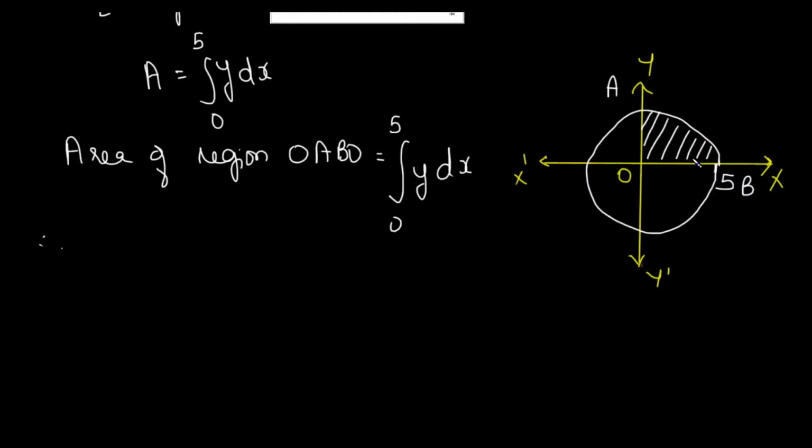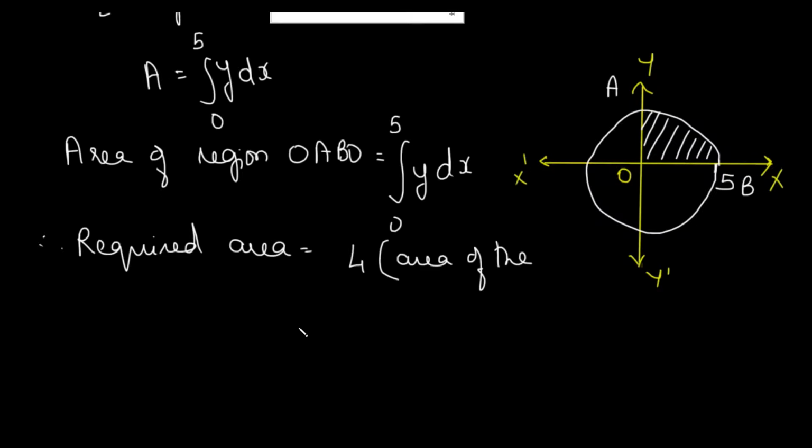I do hope you are understanding this. Pay proper attention. So the required area is equal to 4 times the area of the region OABO. Whatever answer we get, we are going to multiply it 4 times.